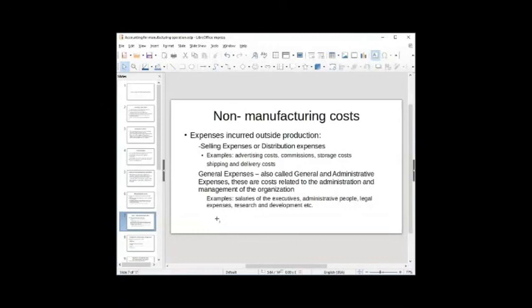We also have general expenses. These are the general and administrative expenses related to the administration or the management of the organization, like the salaries of the executives, the salaries of the accounting department, the salaries of the research and development, and so on.